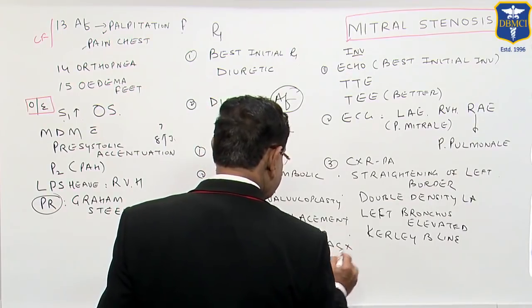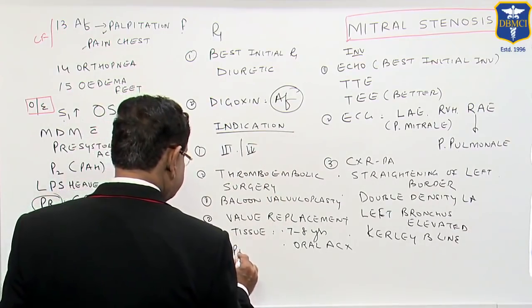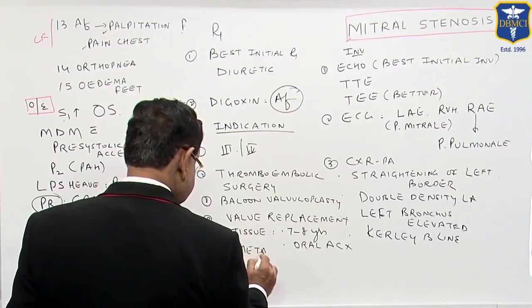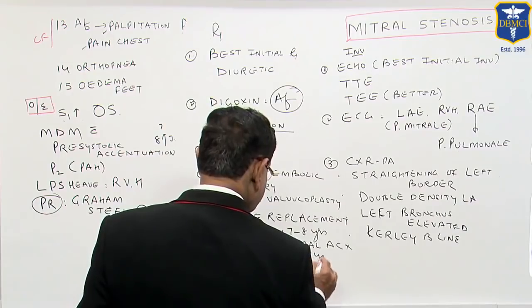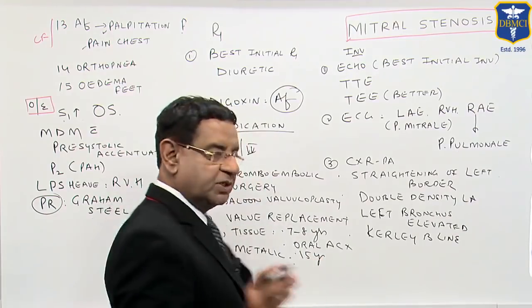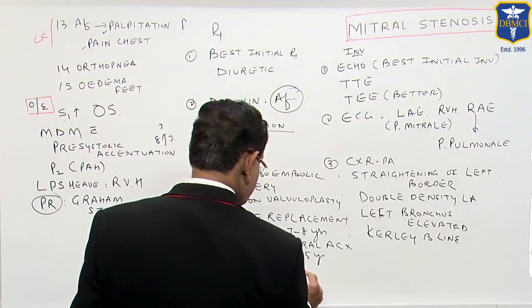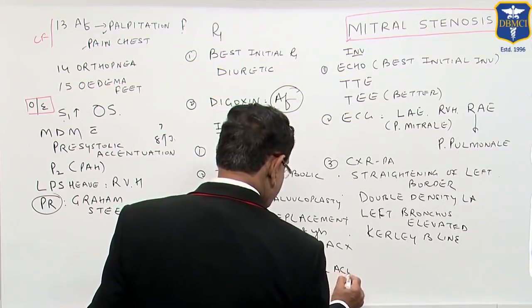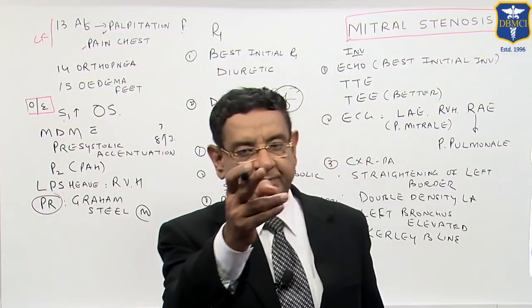Second is the metallic valve, or so-called prosthetic valve. Here the life of the valve is about 15 years, but the disadvantage is that the patient has to take lifelong oral anticoagulant because these are prone to thromboembolic phenomena.